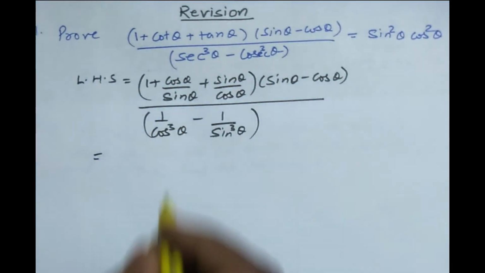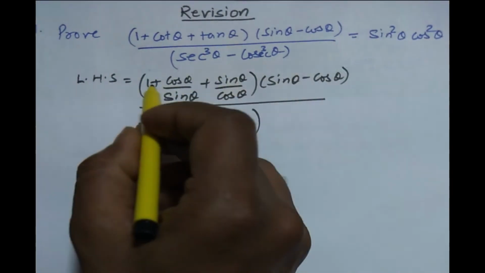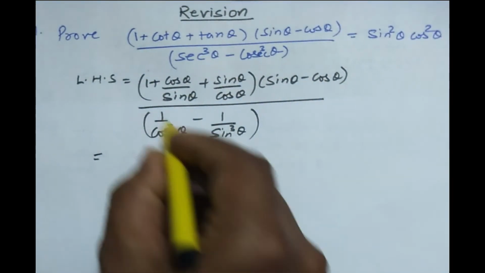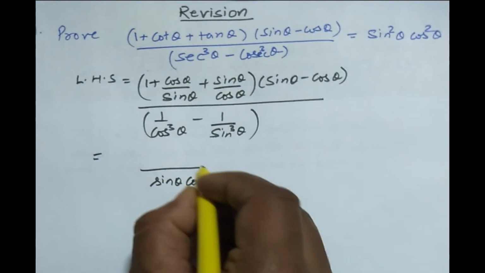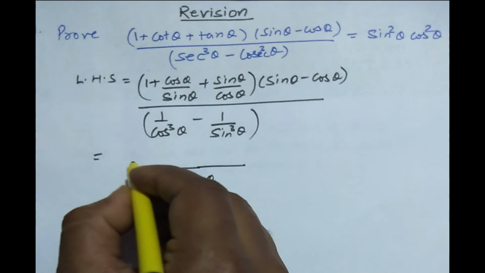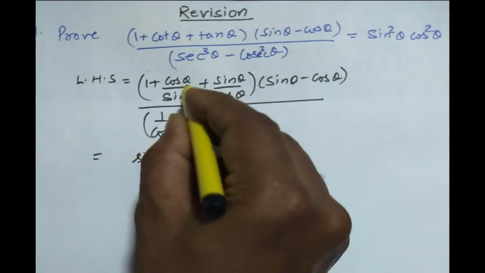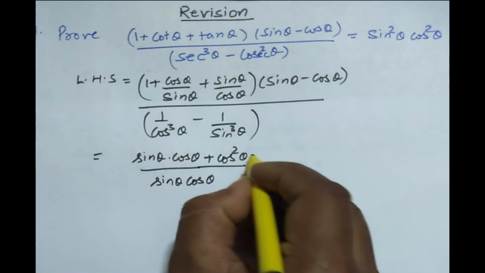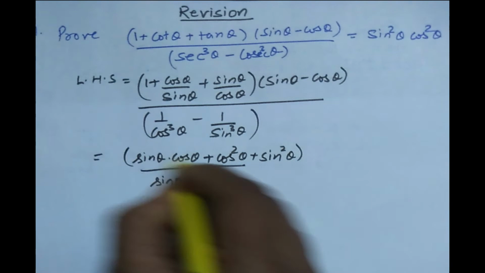After this, the next golden rule was that you have to take LCM and common and do the simplification according to the requirement. Here you can see that we have to take LCM in the first bracket, so this will be sine theta into cos theta, and this will become cos square theta, and this will become sine square theta.